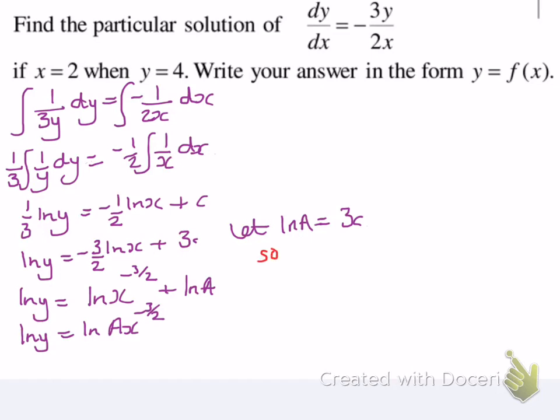So when x equals 2, y equals 4, which we're given, which means that I can say that ln 4 equals ln a 2 to the minus 3 over 2.